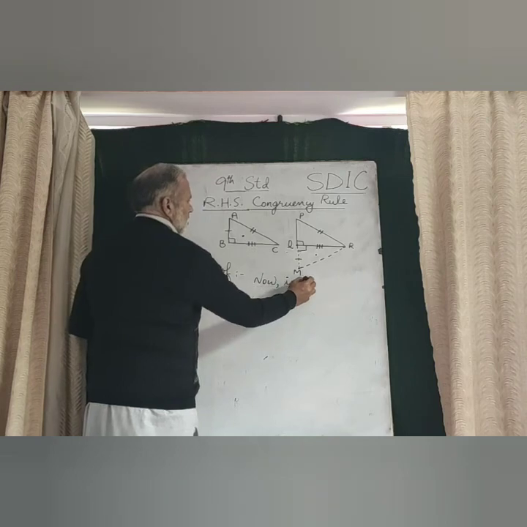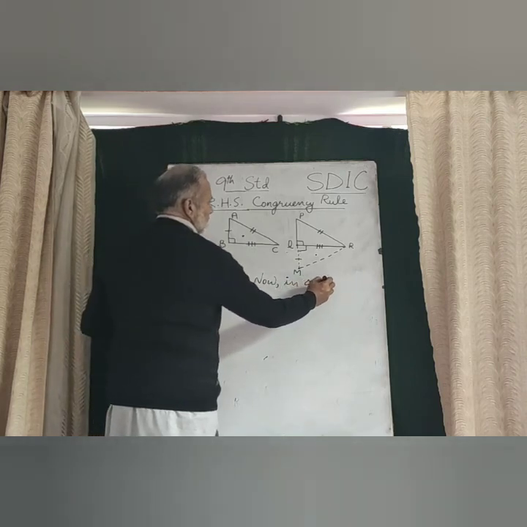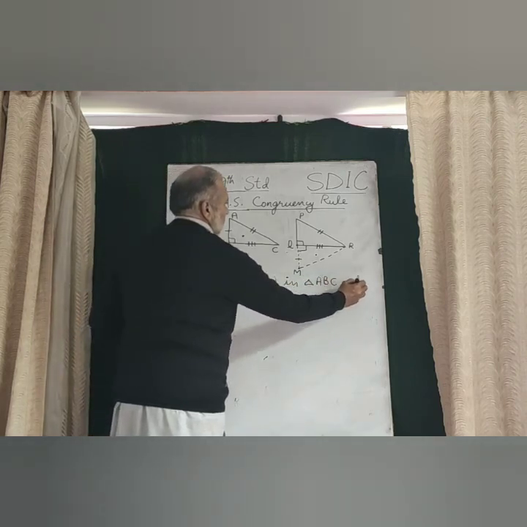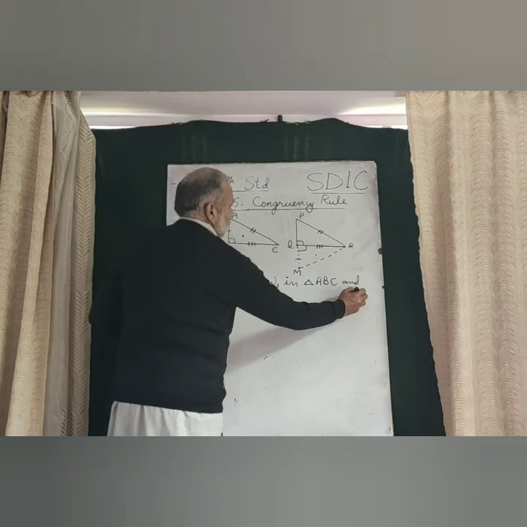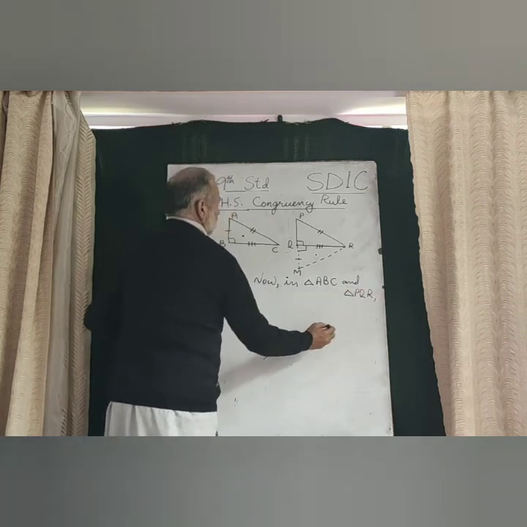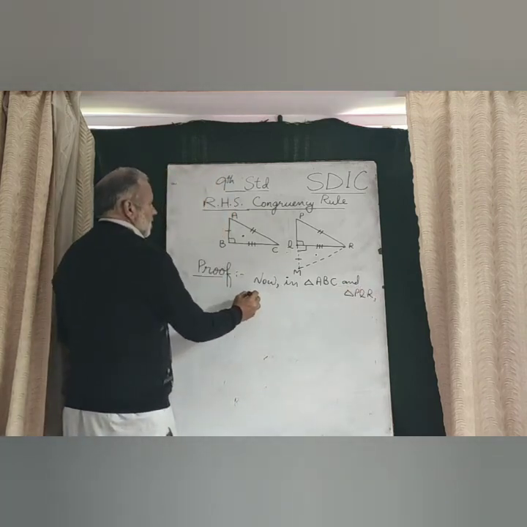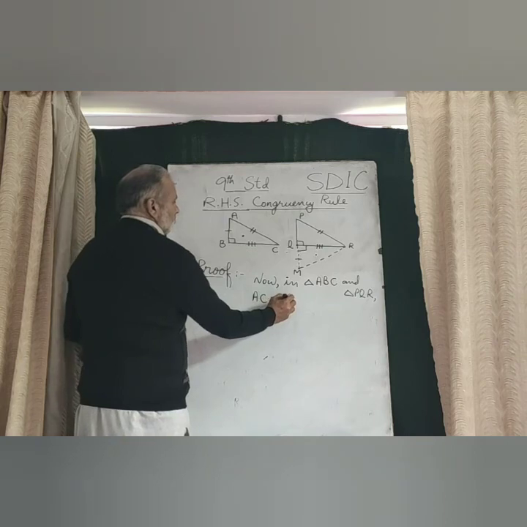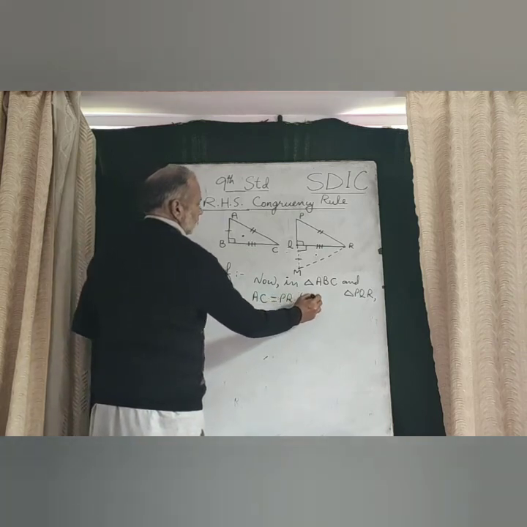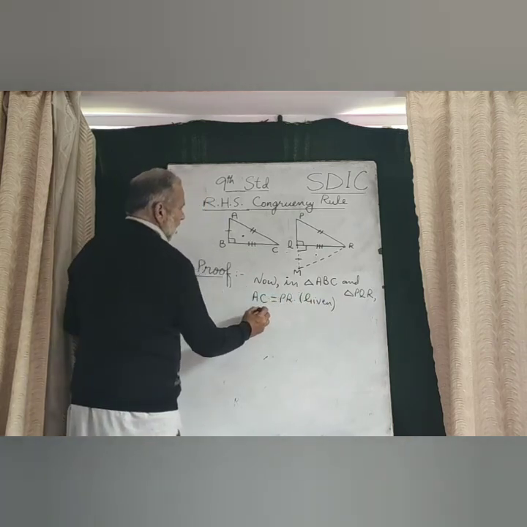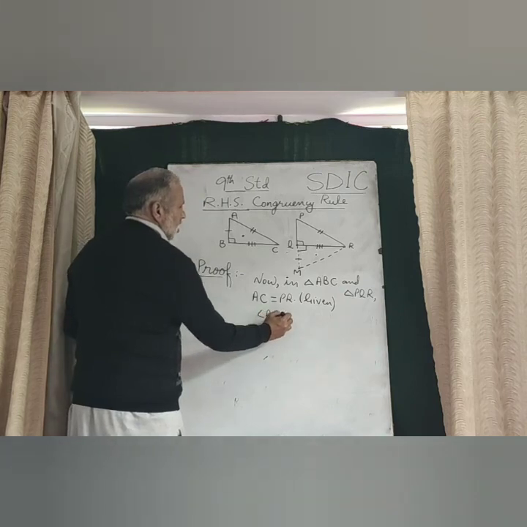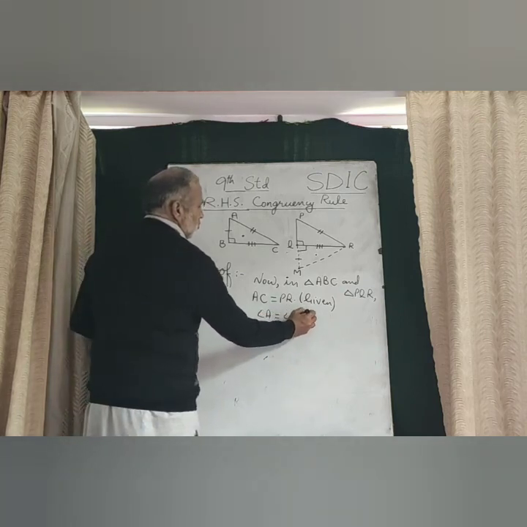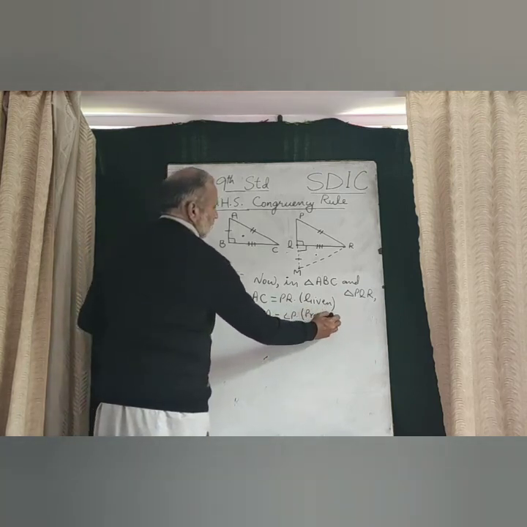Right, now in triangle ABC and triangle PQR, we have AC equal to PR given. Angle A is equal to angle P. We have just now proved, so write proved above.